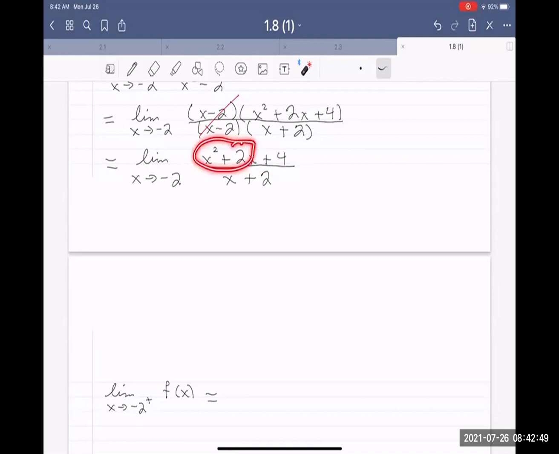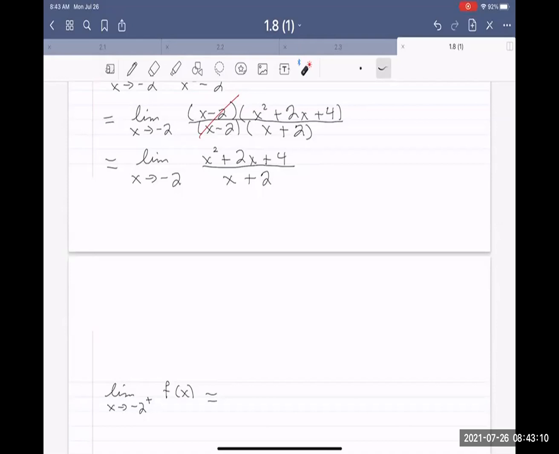So that gives you 4 minus 4 plus 4, which is 4. Again, as x approaches negative 2, the denominator is going to 0, but since I'm taking values of x that are greater than negative 2, this is going to be a positive number. So positive divided by positive is positive.